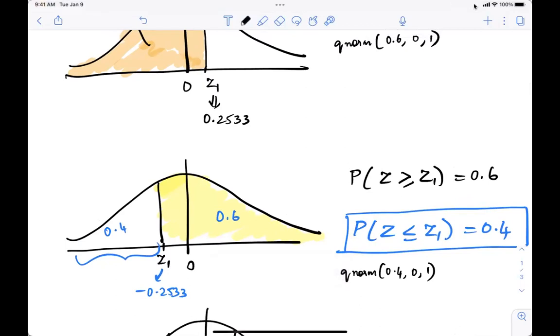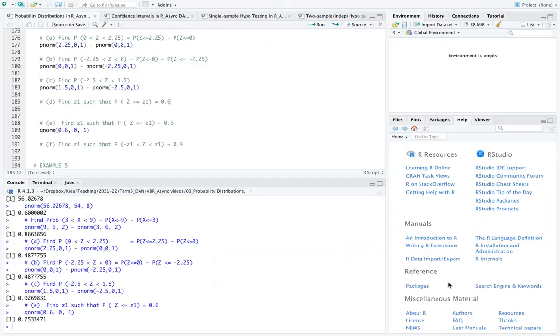So let me go back to my R. So here, this is actually nothing but P of Z being lesser than or equal to Z1 is equal to 0.4.